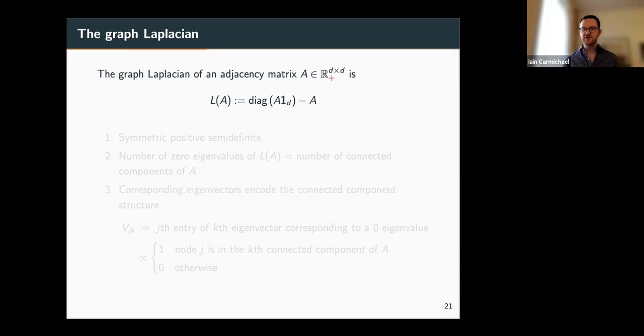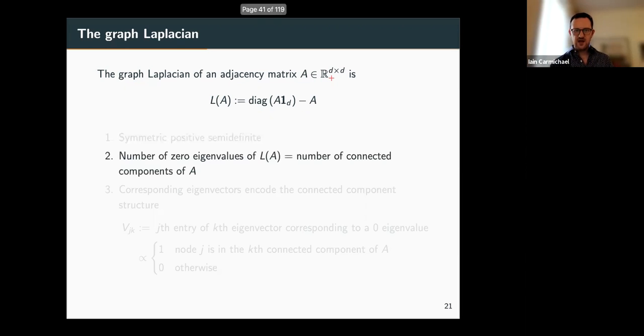And that's our graph Laplacian that probably many of us have learned about. There's just a couple of properties of the Laplacian that we need. So first, that it's a symmetric positive semidefinite matrix. But critically, the number of zero eigenvalues of the Laplacian is exactly equal to the number of connected components of A. So that's the first critical insight that we're going to work with.